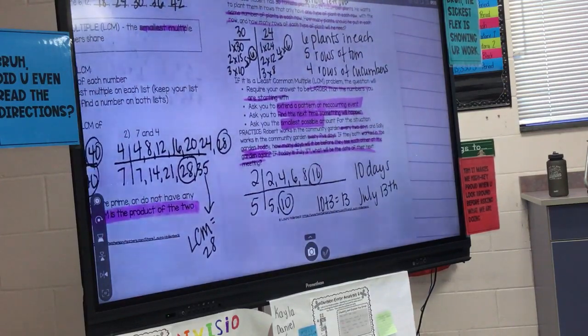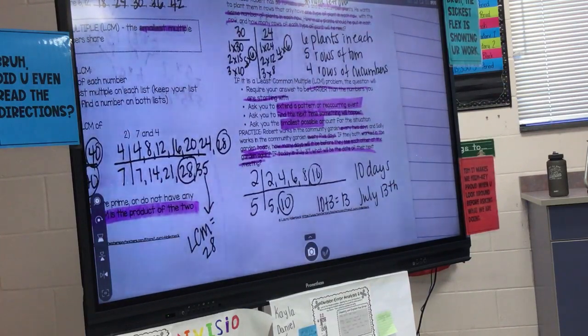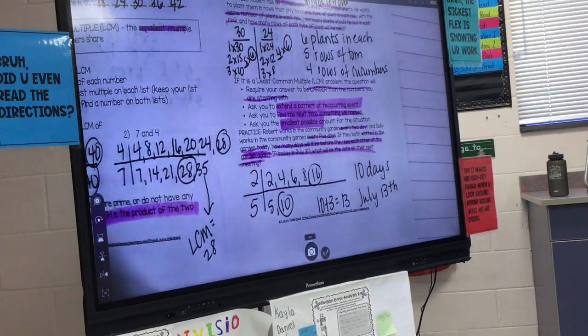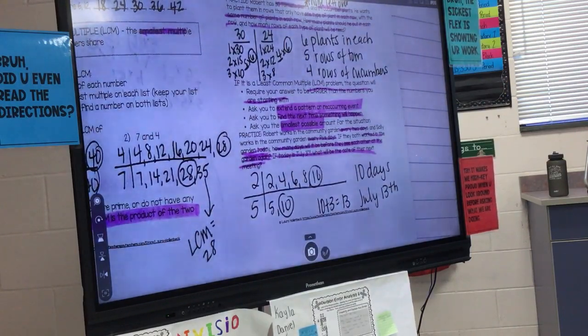Please make sure that you have that information. Now, you're simply going to fold this in half because there is a blank section on the bottom, and you're gluing that into your notebook.